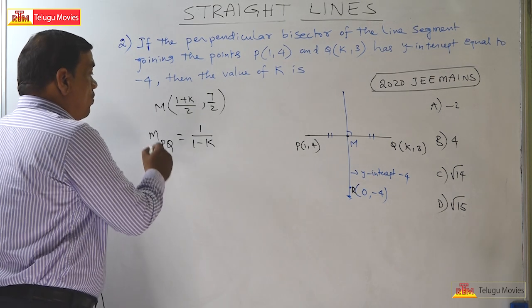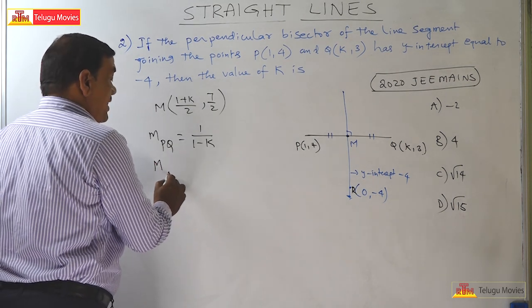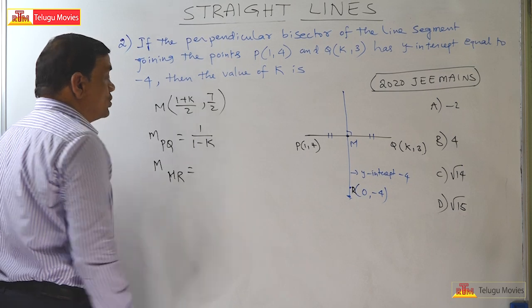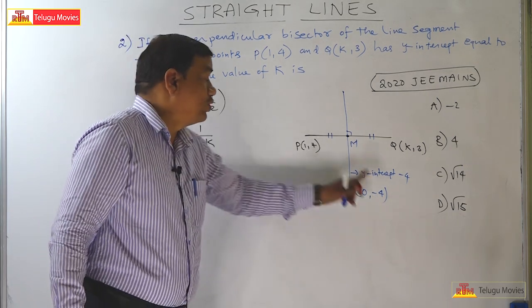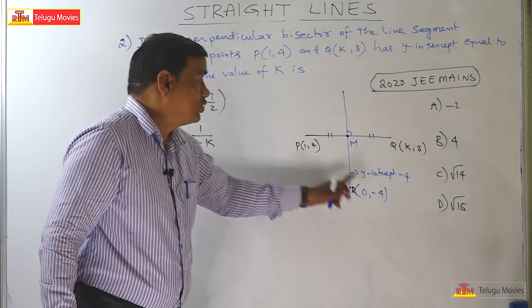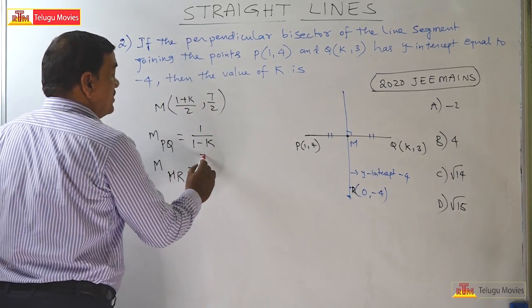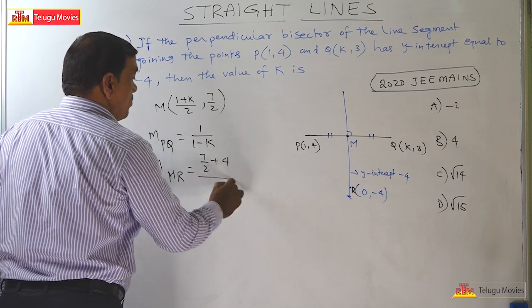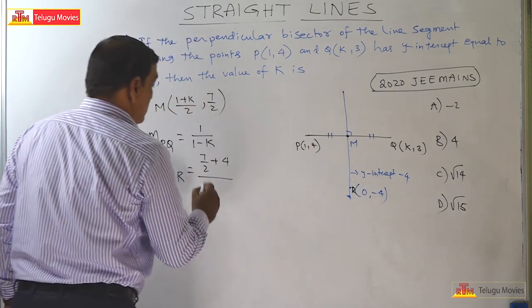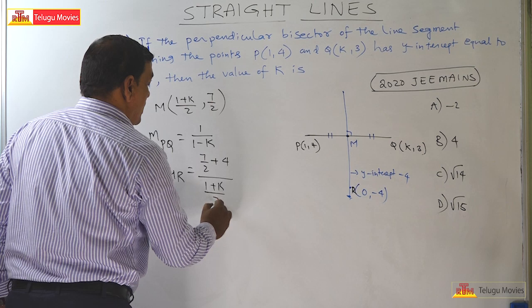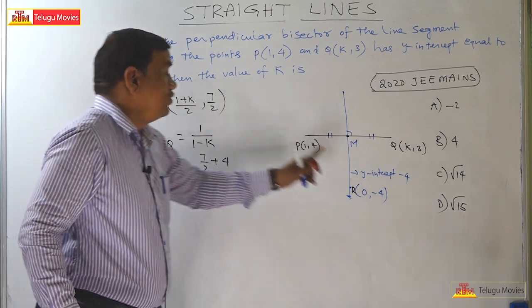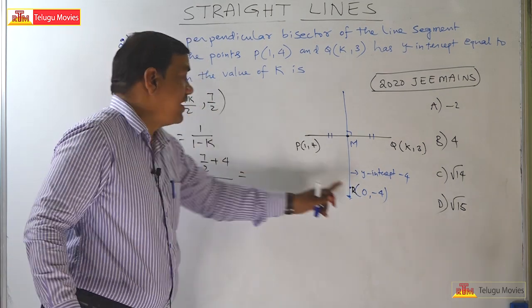Okay, now what is the slope of MR? Slope of MR means (y2 minus y1) upon (x2 minus x1).